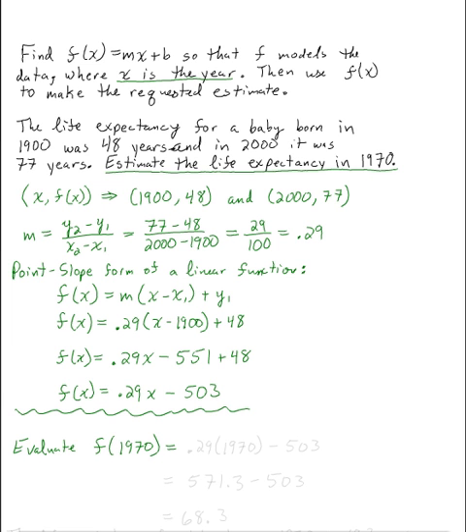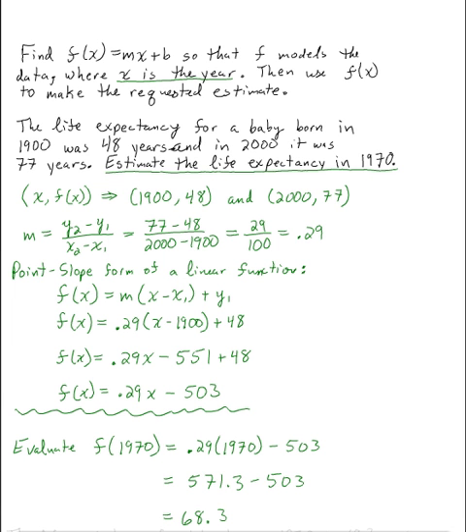F of 1970 would be 0.29 times 1970, and subtract 503, and going through the calculations, 0.29 times 1970 is 571.3, and then subtracting the 503 is 68.3.